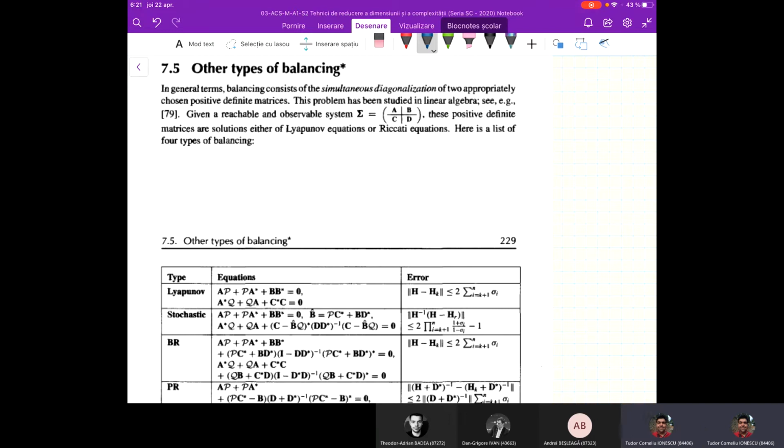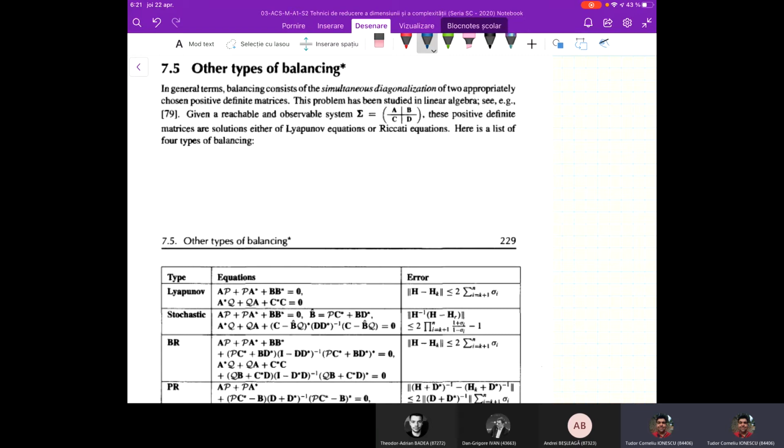And here you can see balancing in general. What balancing in general means is the simultaneous diagonalization of two Gramians. But the Gramians are with respect to the controllability function and the observability function. Why not substitute these functions with other types of energy functions? This is the question.